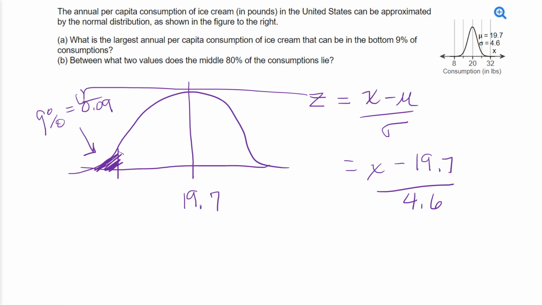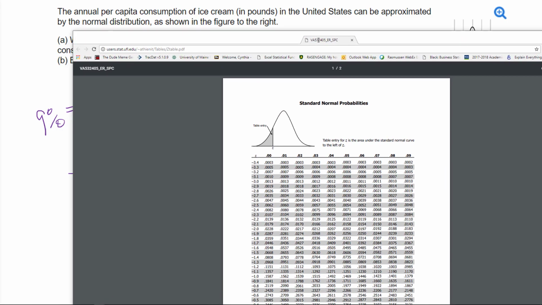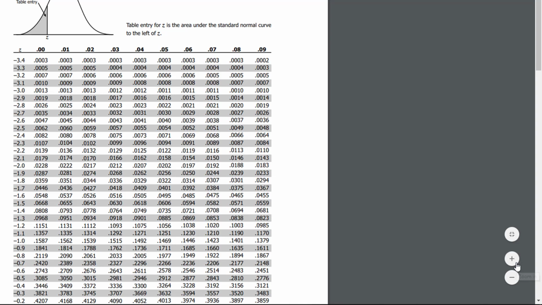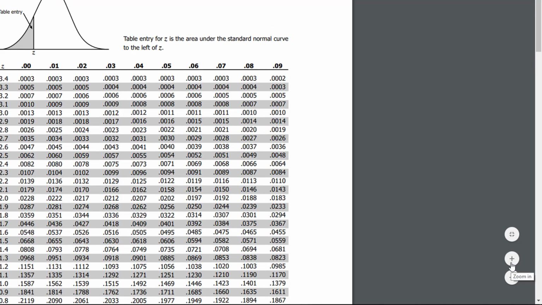So if I go to a z-table and I look within the table, the probability part, for the value closest to 0.09. So I'm looking all around, and it looks like the closest value that I can find to 0.09 is 0.0901.